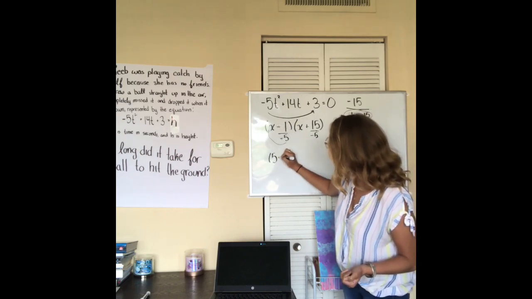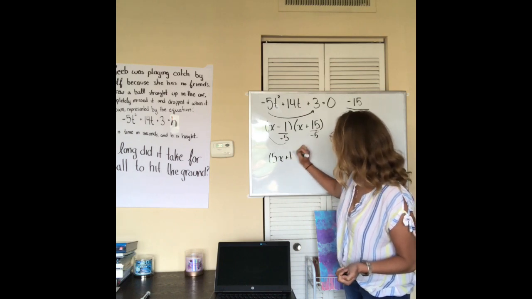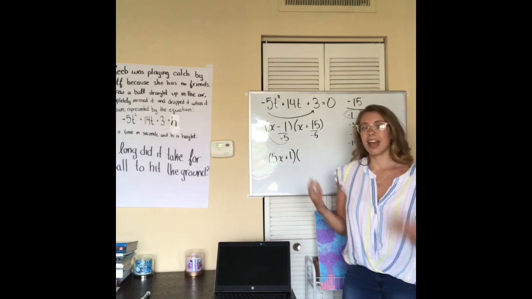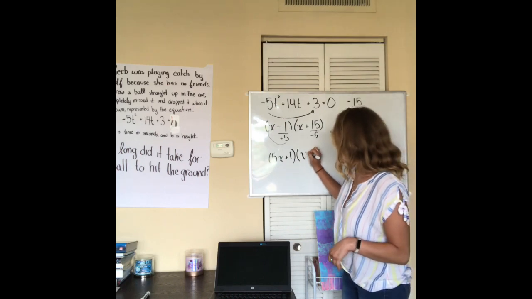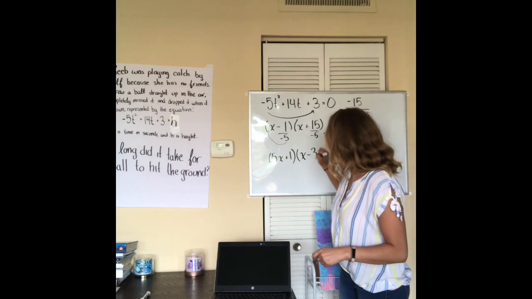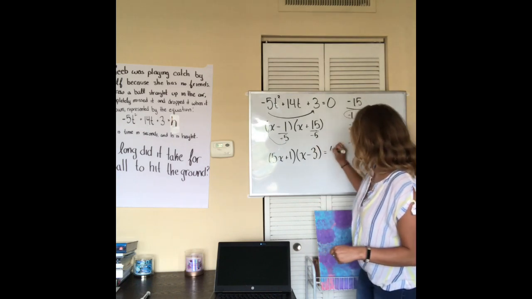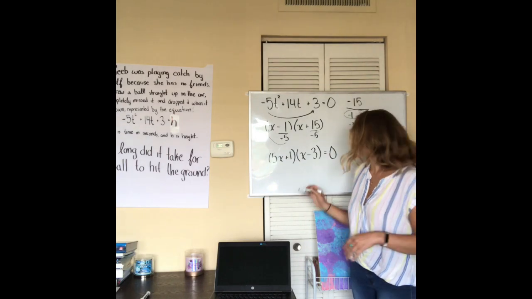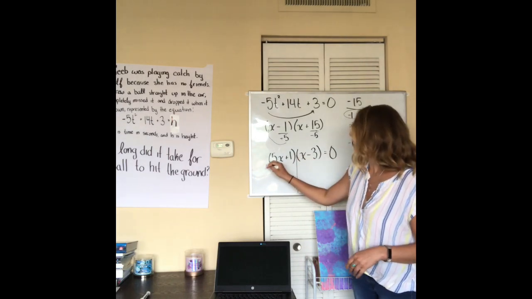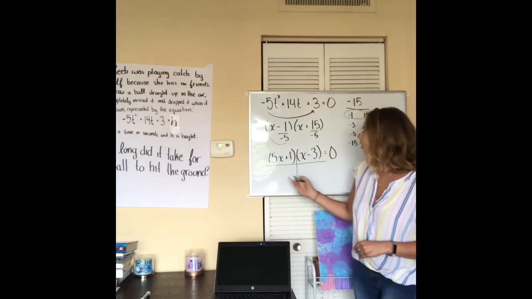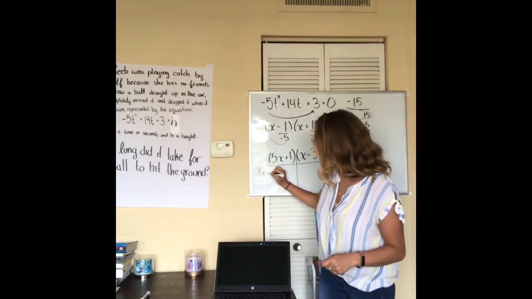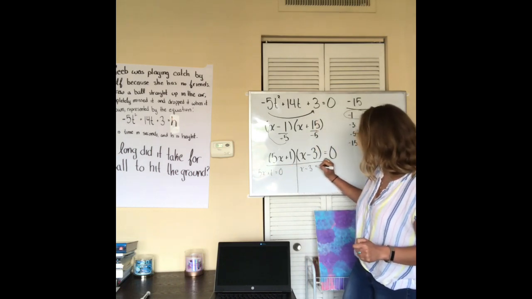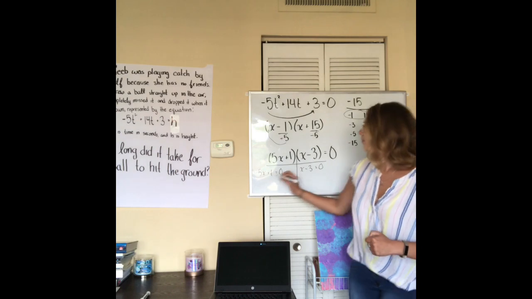So I have 5x plus 1. 15 divided by negative 5 does go in nice and evenly, so we have x minus 3 equals 0. Can't forget about that equals 0, I'll bring it down. And now I'm going to set each side of this expression equal to 0. So 5x plus 1 equals 0, and x minus 3 equals 0.